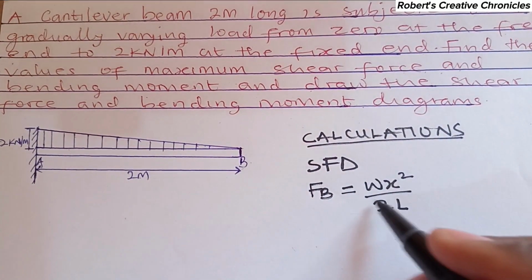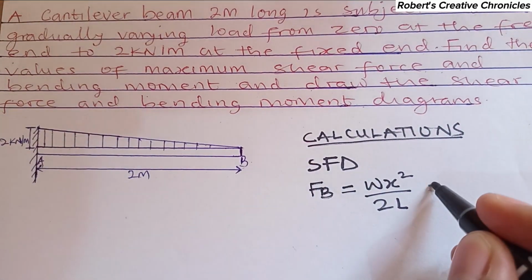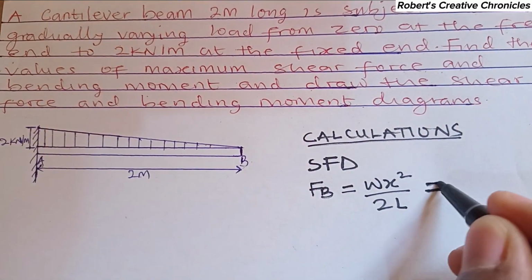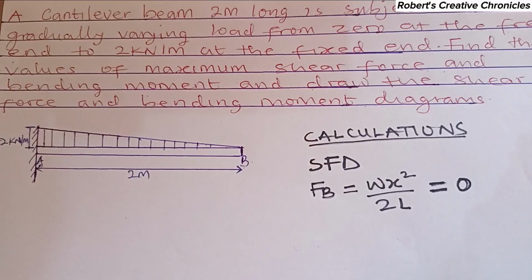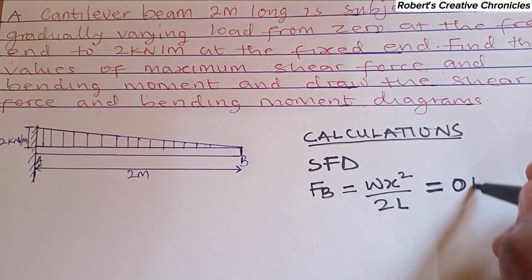So 0 times all this equation gives us 0. So this is 0 kilonewton.